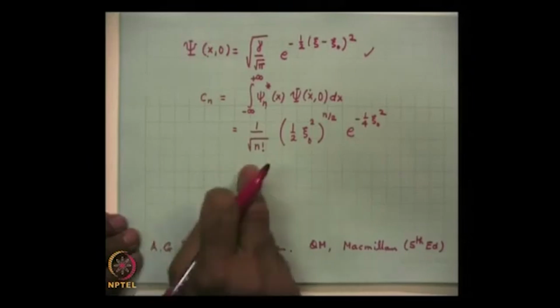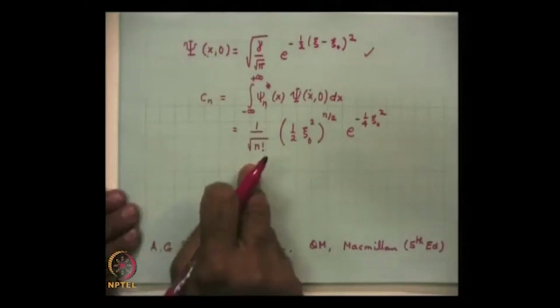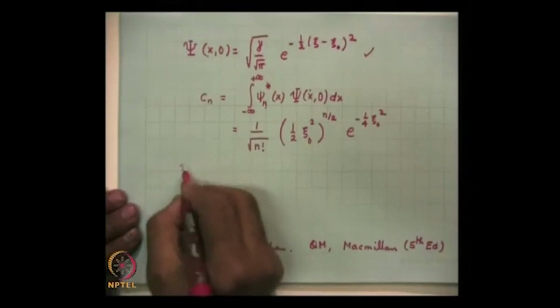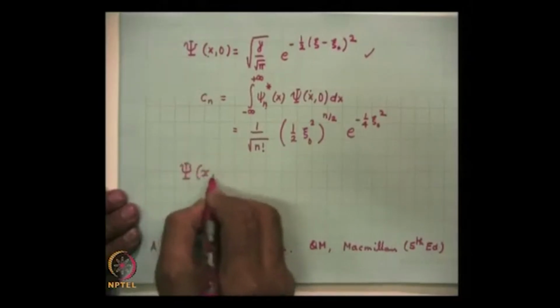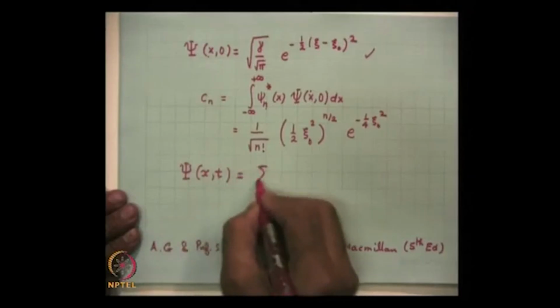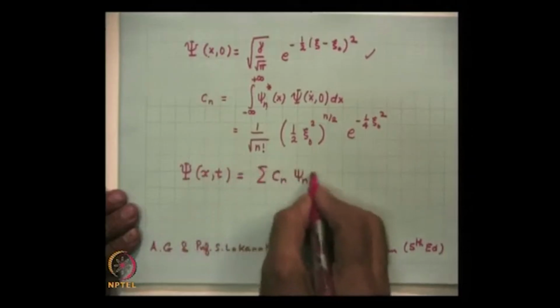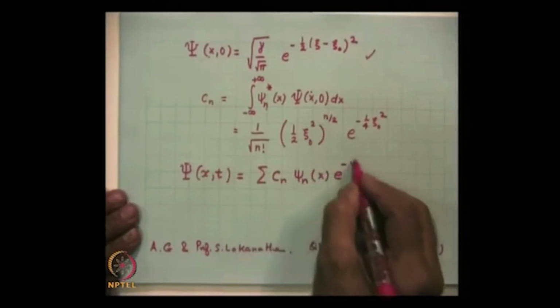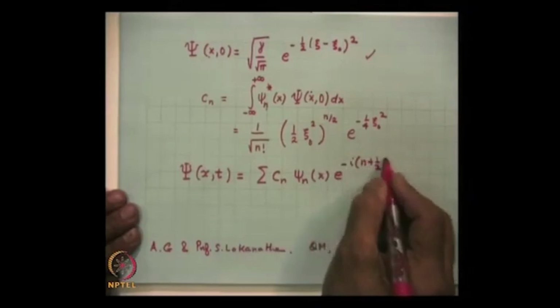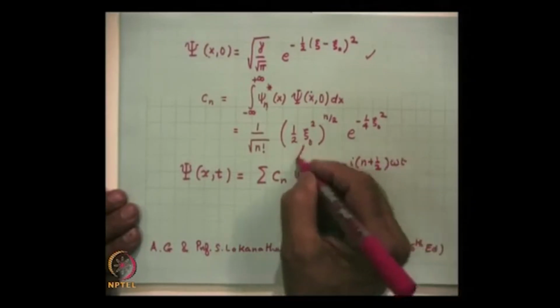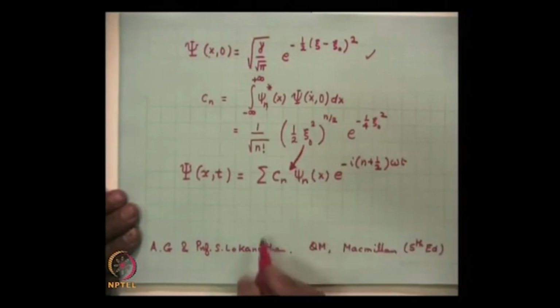Now, the next step will be to substitute this. So, I want to now find out how it will evolve with time, psi of x comma t. So, what I will do is, I will substitute in this equation, this has been the general recipe, and sum it. So, I substitute this expression here and carry out this summation, and it is one of those rare occasions that you can actually sum this series, and the final result is very straight, very beautiful.